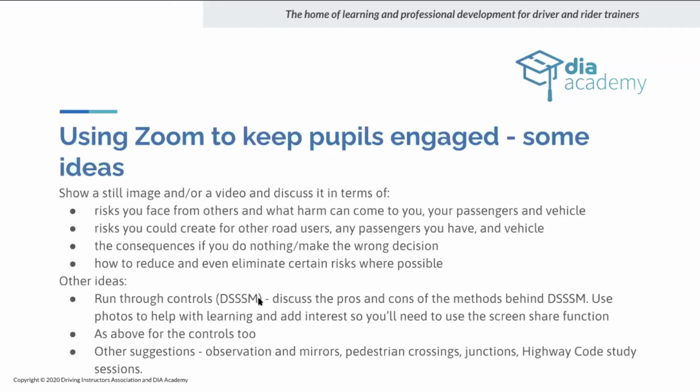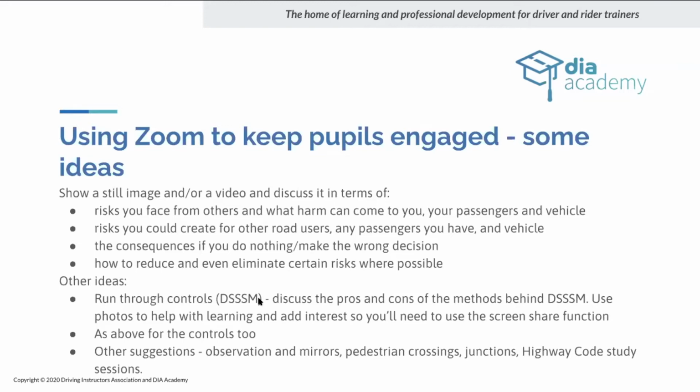It's a bit like where you might park at the side of the road, obviously pre-COVID, get out of the car and walk to a junction and have a little look at it if there's something that you really need to address and help the pupil with. Obviously discussing the consequences of actions or inactions, and how to reduce and eliminate certain risks where possible.